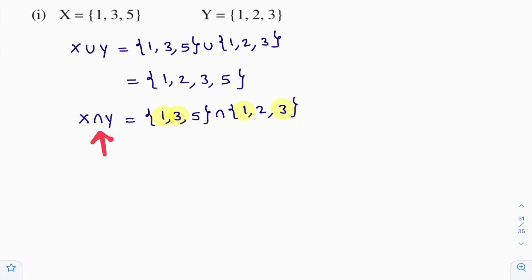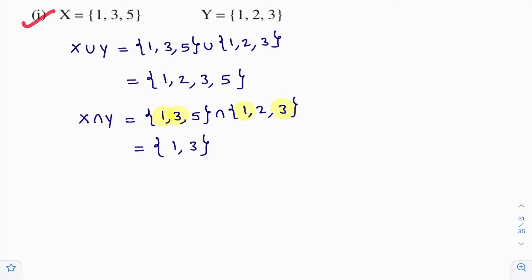The elements which are present in both only are present in X intersection Y. So here 1 is present in X, 1 is present in Y also. 3 is present in X, 3 is present in Y also. So the common elements will come in X intersection Y. So X intersection Y is 1, 3. I hope you understand this, right?